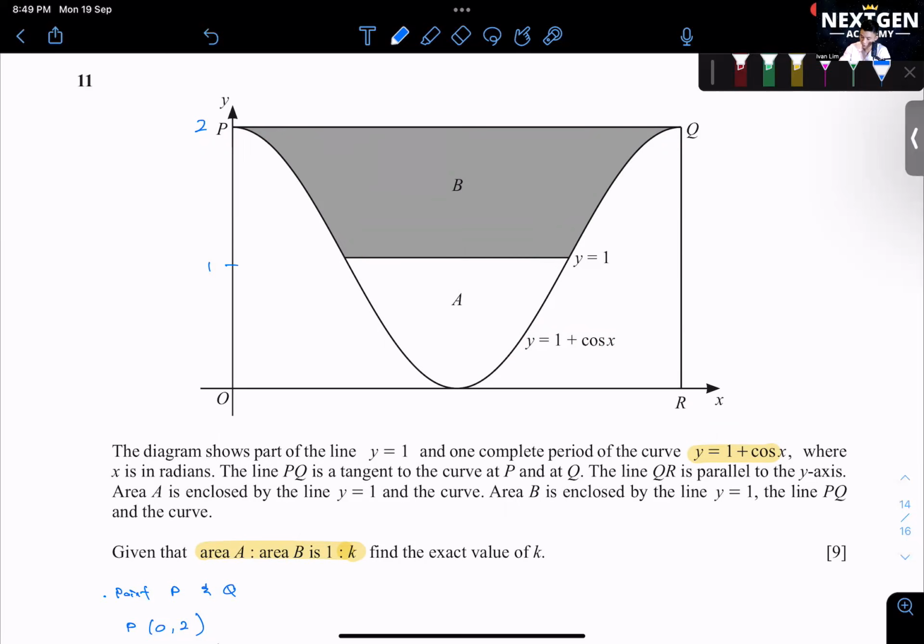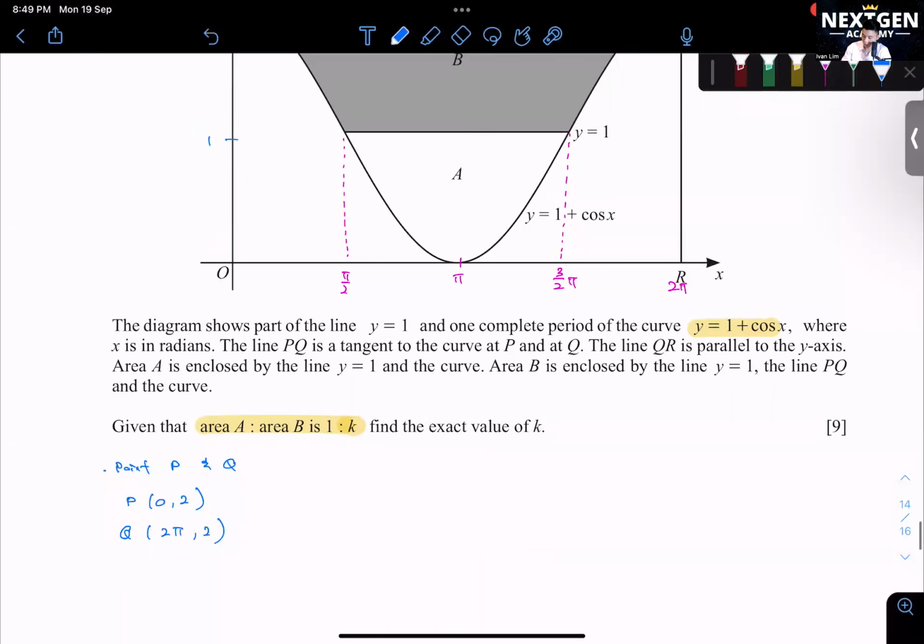Because this is the middle, and they say 1 complete period of the curve, we know here is pi over 2, here is pi, here is 3 over 2 pi, and this is 2 pi, because this is one whole period of a cos graph.